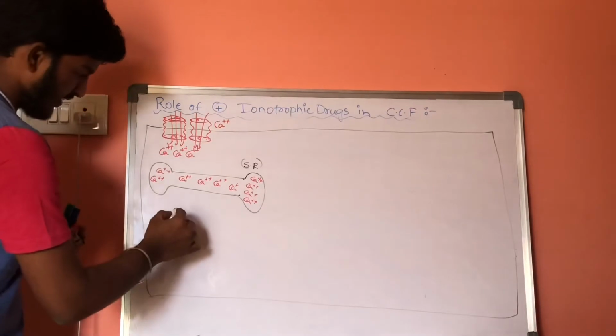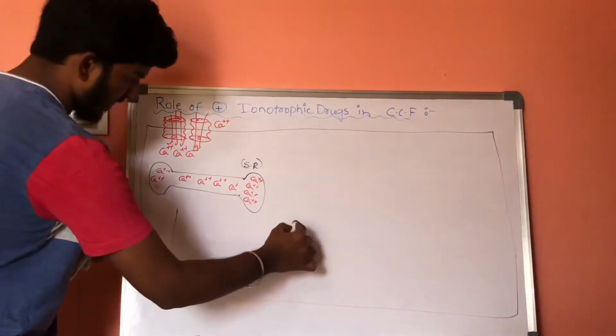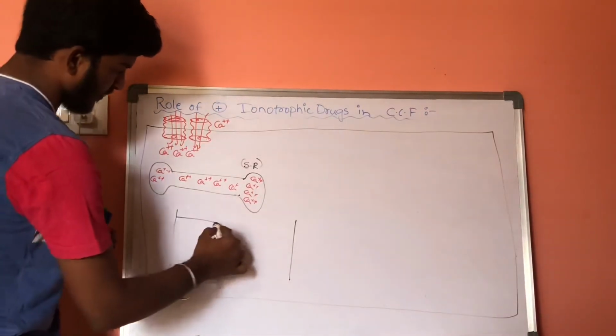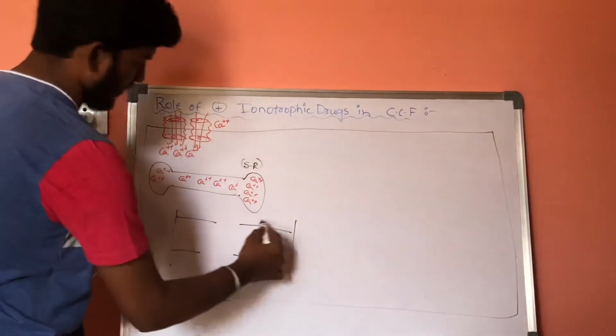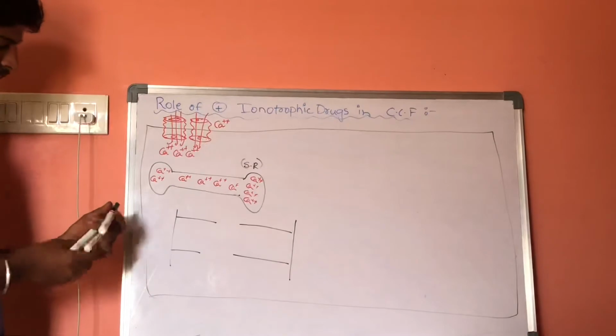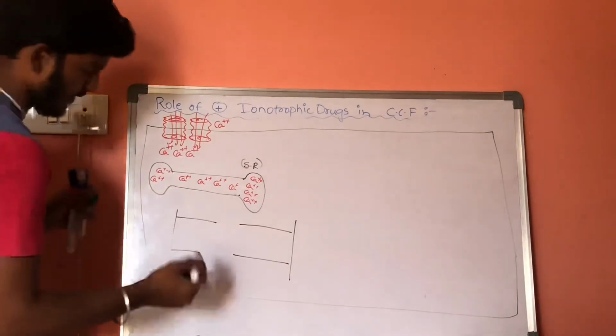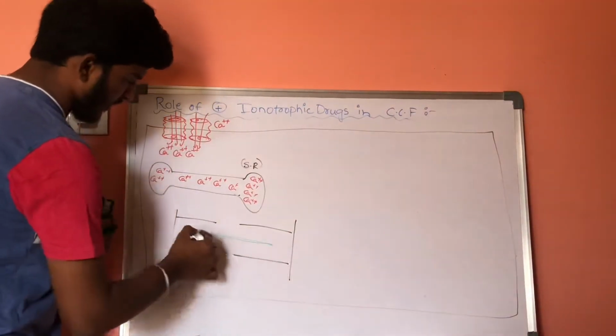Let us consider this is a sarcomere. These are light chains and in between these heavy chains.